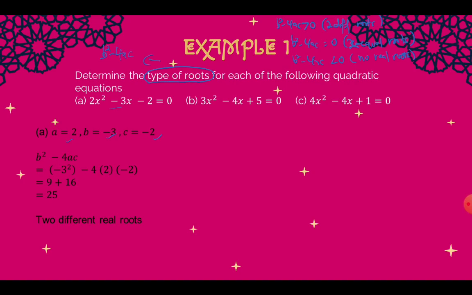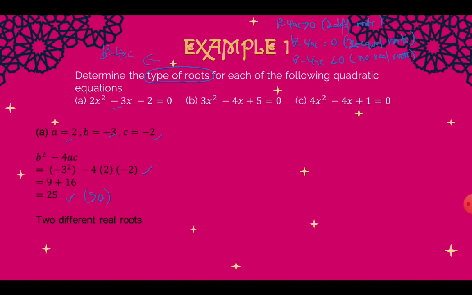In this case, for A, we have 25, which is greater than 0. So for A, the type of root is two different real roots. I hope you can understand, because this is the simplest part.